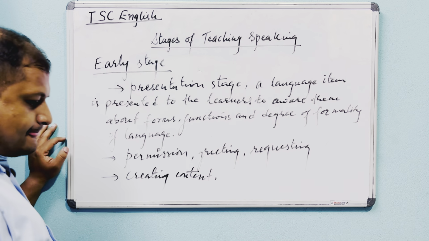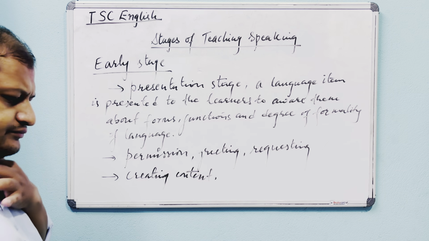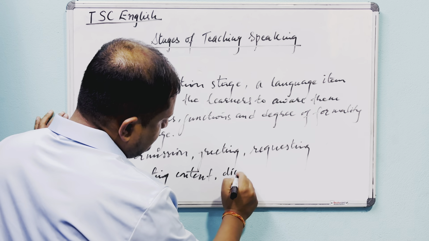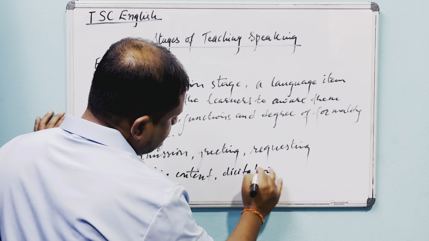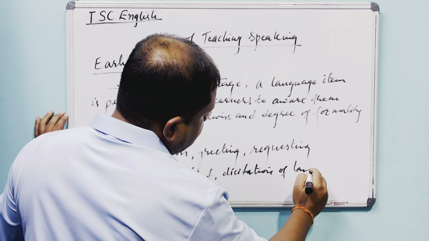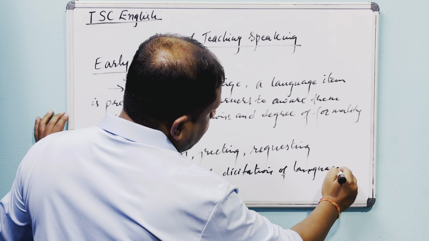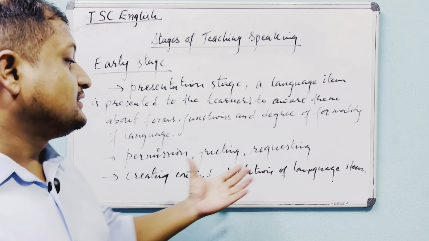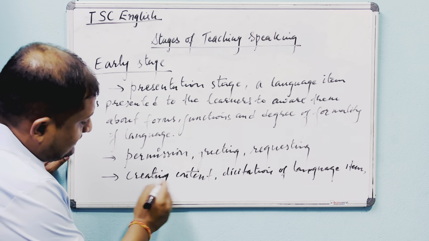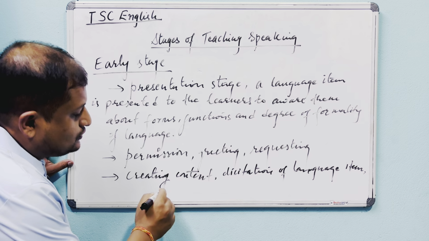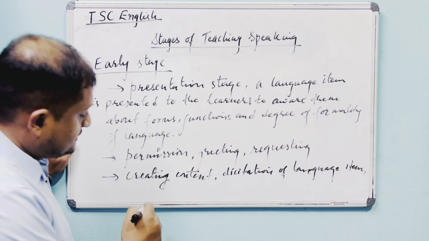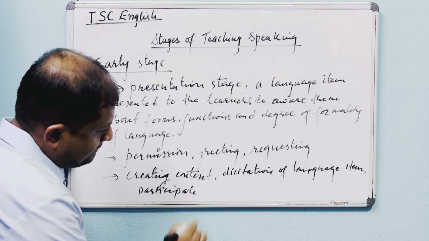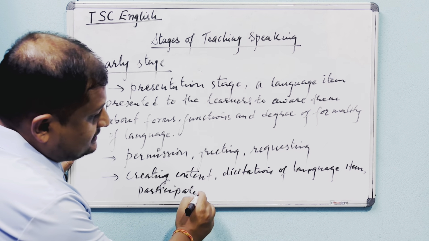And what next can be done? Elicitation, elicitation of the language item to be taught. Elicitation means expression of the language item that is taught, and then students are told to respond and participate.